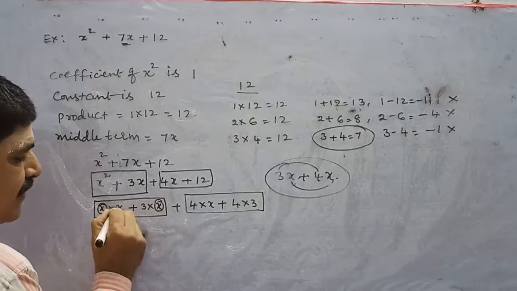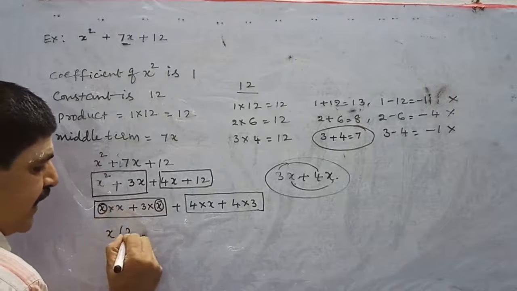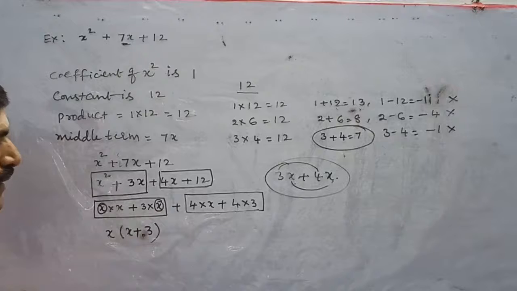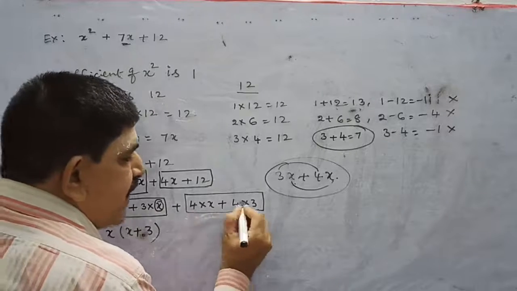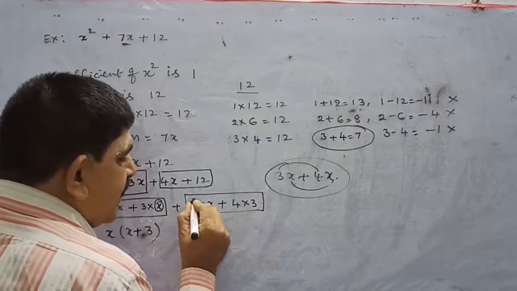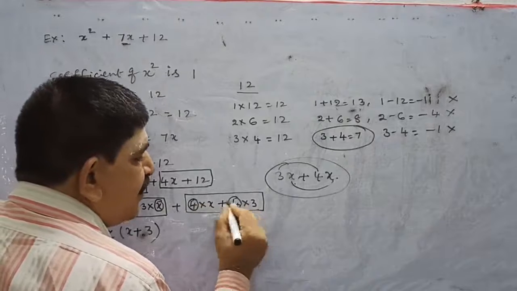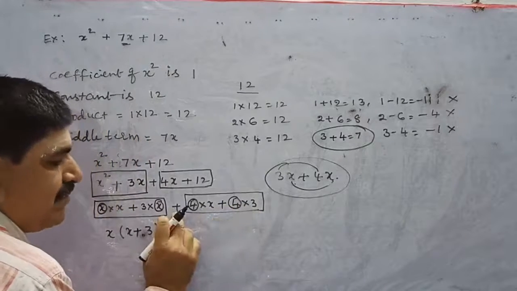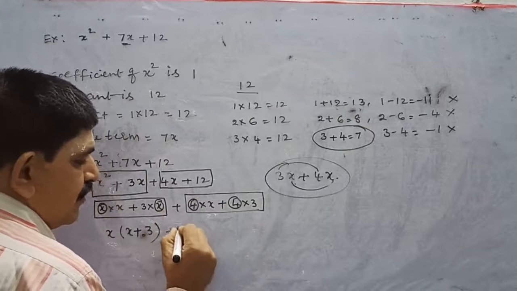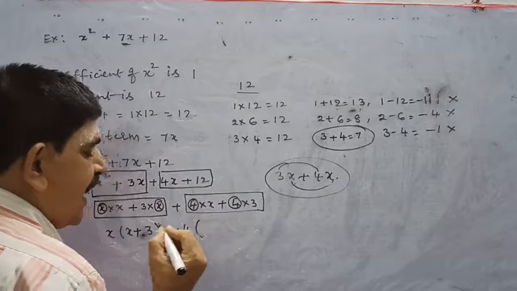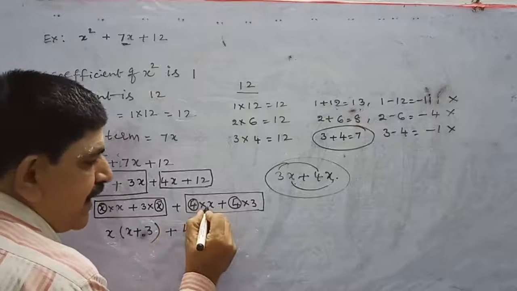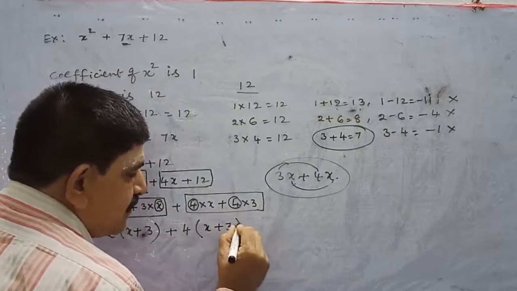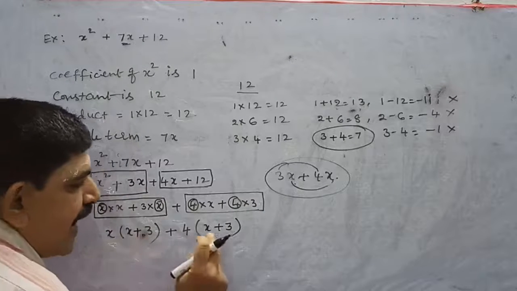You write the remainder. What is the remainder in the first term? x plus 3. Next one. From these two, what is the common factor? Here 4 and here 4. So you take out 4 as the common factor, with a plus sign, and write the remainder: x plus 3.